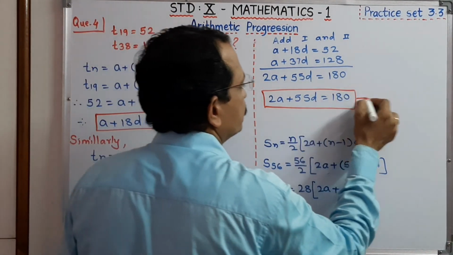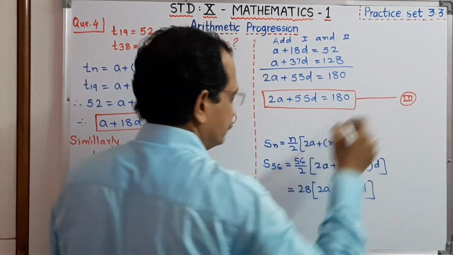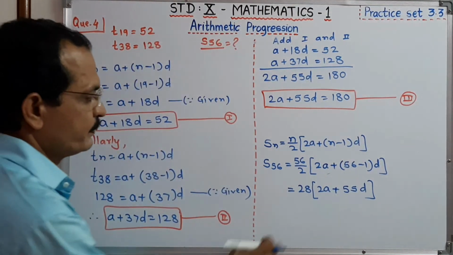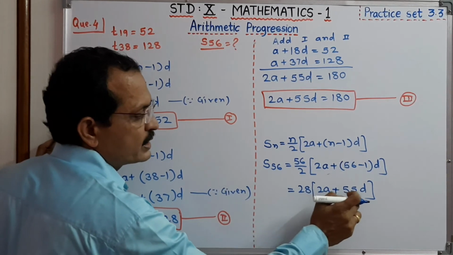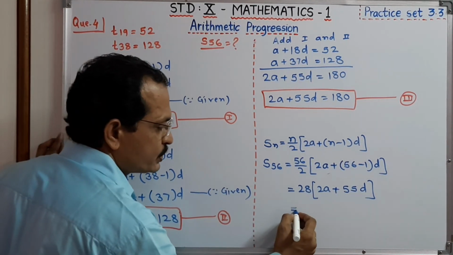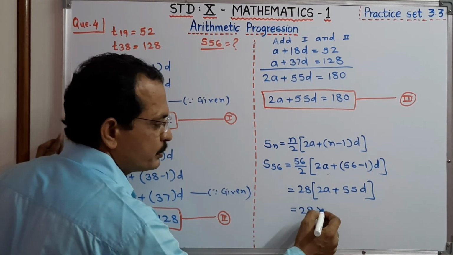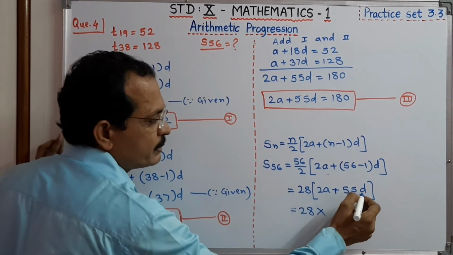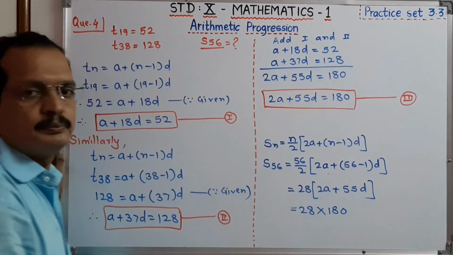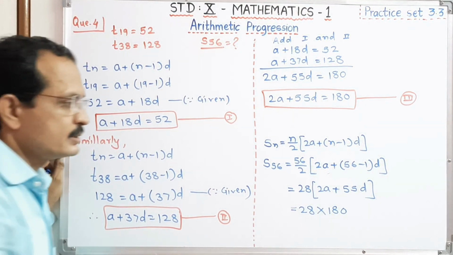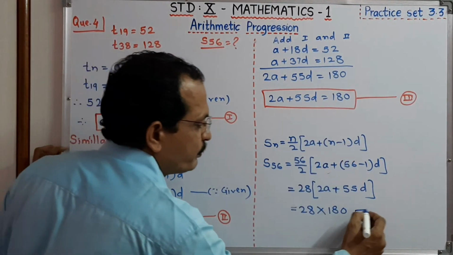Now see here. What is this? 28 into 2a plus 55d. Now dear student, we can substitute 2a plus 55d is equal to 180, isn't it? Yes.